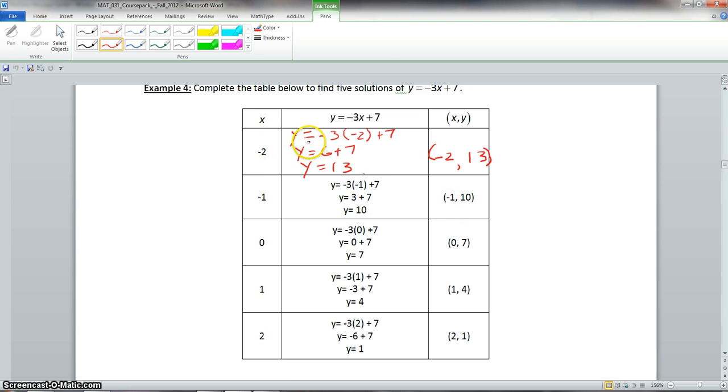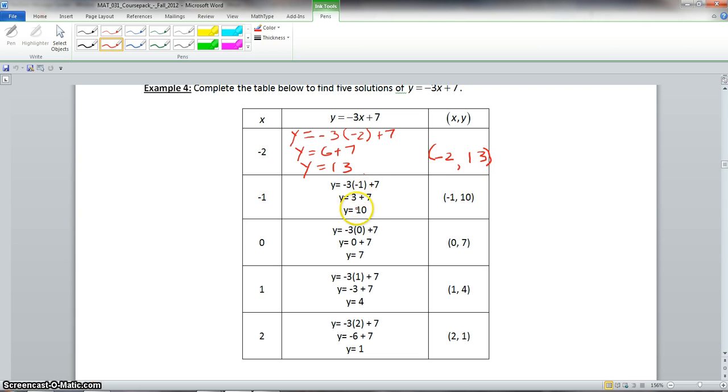So we'll start here. We have y equals negative 3, and we'll substitute in negative 2 for x, plus 7. So we have y equals negative 3 times negative 2 is positive 6, plus 7. And 6 plus 7 is 13. Now our ordered pair is, we put the x value first, which is negative 2, and we put our y value, which is 13.